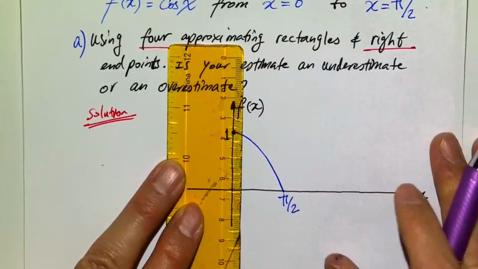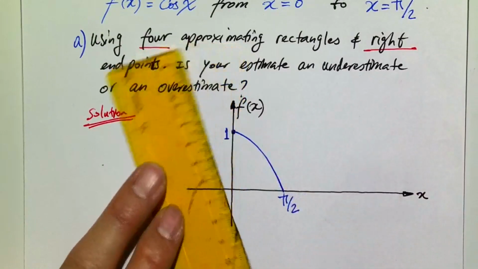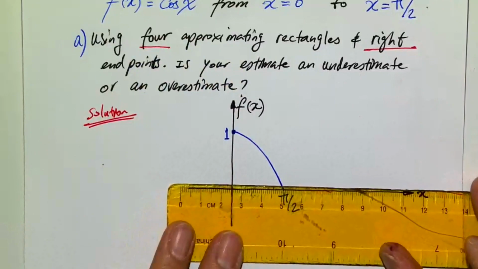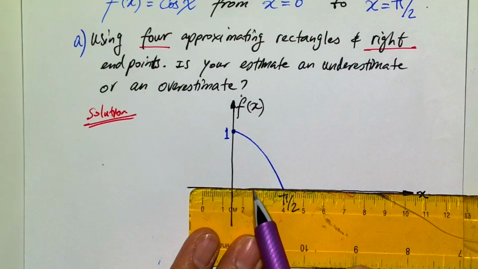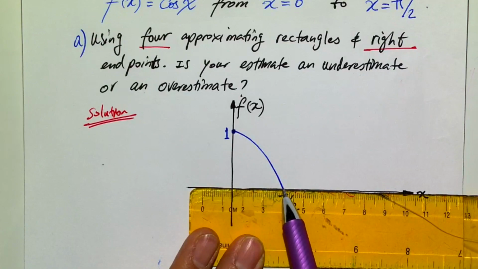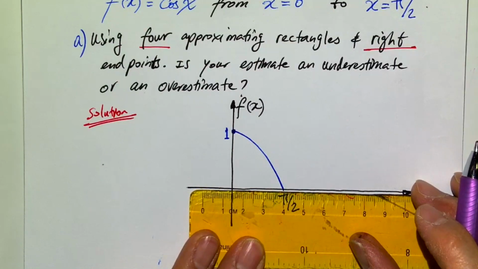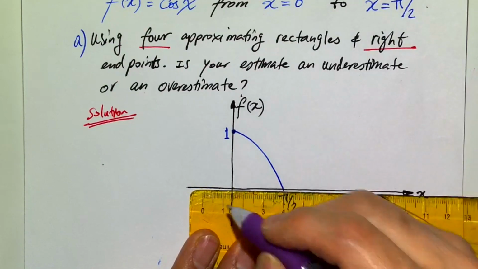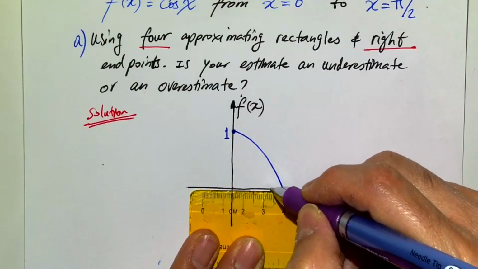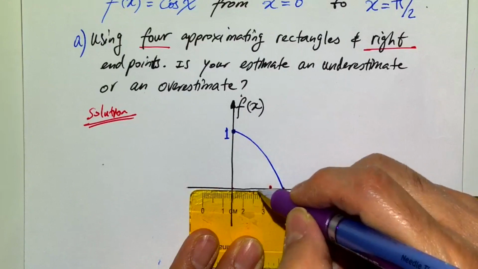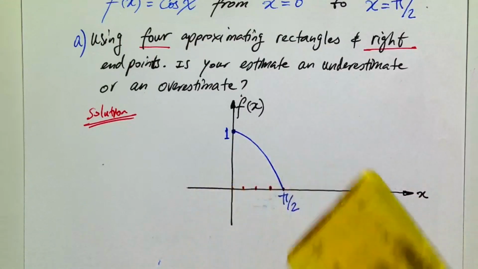Okay, because of that. Let's see how many. Can I break this up into 1, 2, 3, and 4? Right. So let's put the first rectangle here has the left side on that, and then this would be that. So 1, 2, and barely like that.